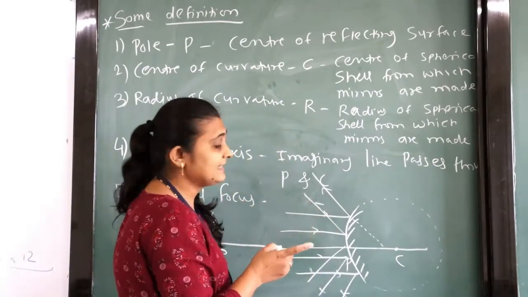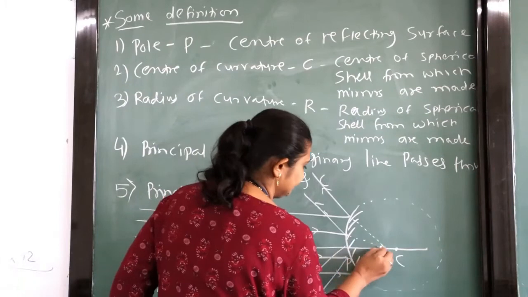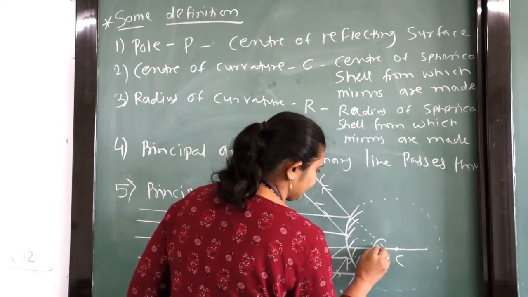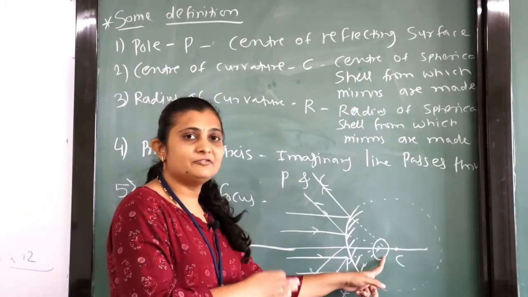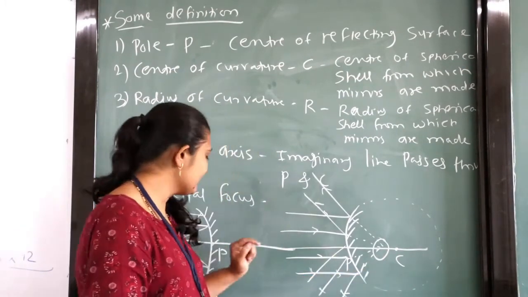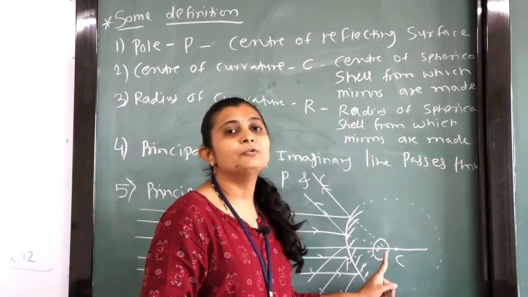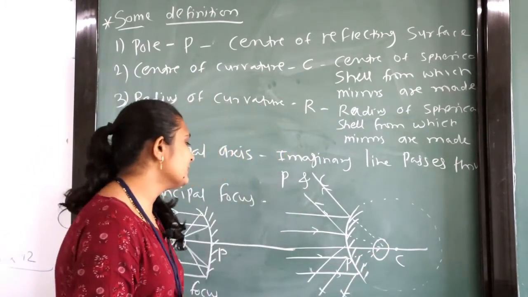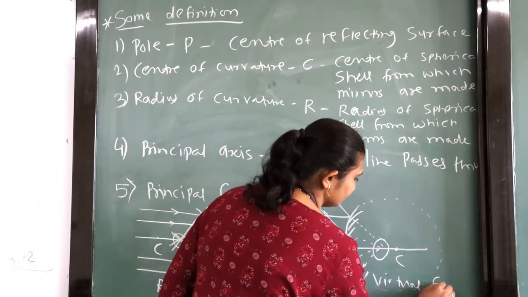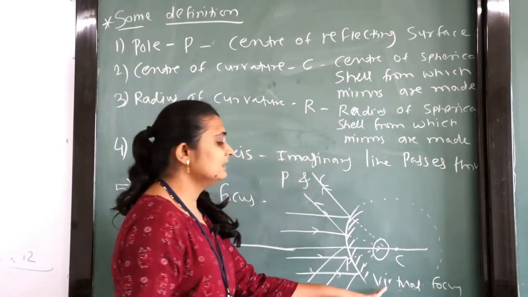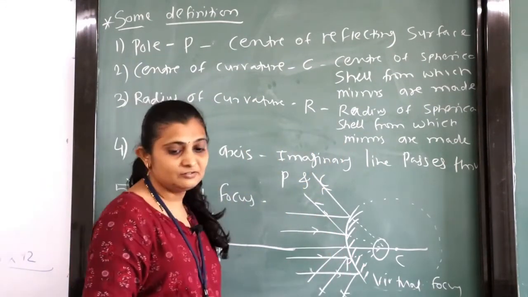When you extend backside, shown by the dotted line, then this point is known as the focus point. After reflection, the rays appear to meet. This is the virtual focus. Real focus and virtual focus.